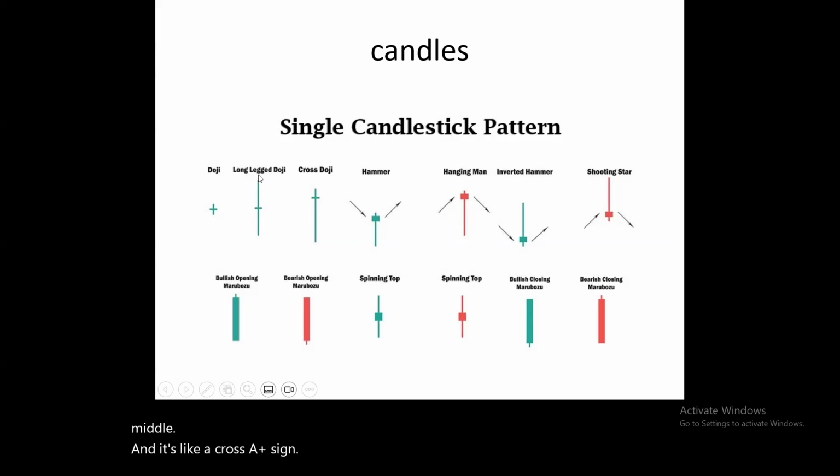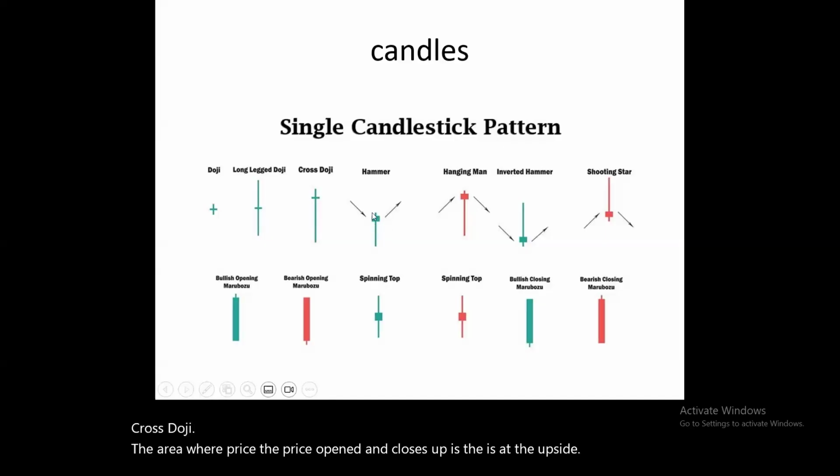The long legged doji is the second one. You can see it is very slim. The wick up and the wick down are almost equal. And we have the cross doji, where the area where the price opened and closed is at the upside.